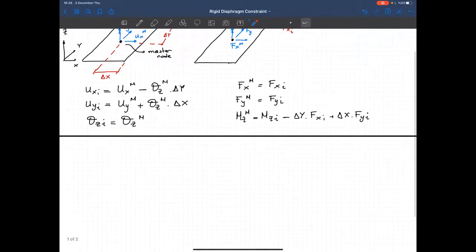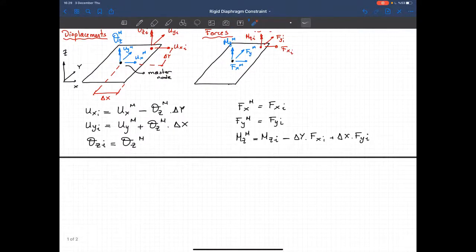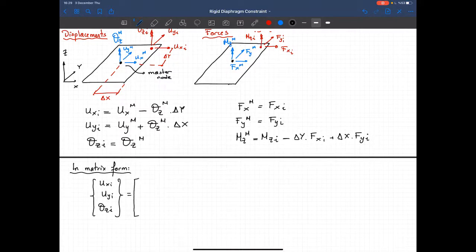If we write everything in matrix form, so on one side I have uxi, uyi, theta zi equal to my transformation matrix multiplied by uxm, uym, theta zm.